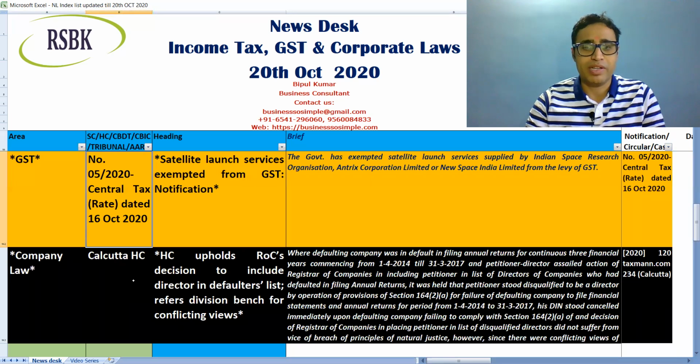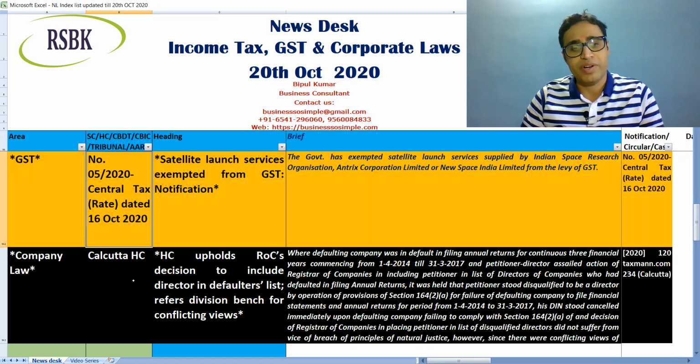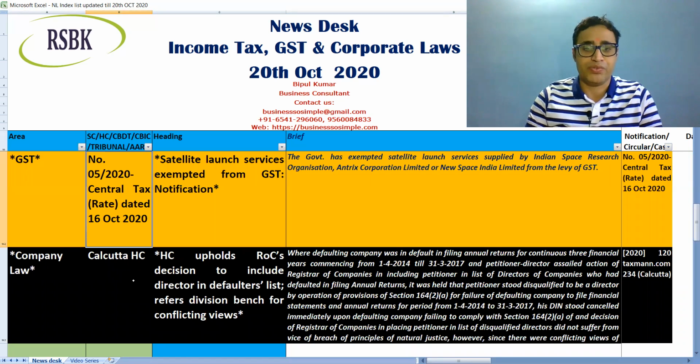Let's cover updates on company law. There is one judgment, Kolkata High Court: High Court upheld the Registrar of Companies' decision to include a director in the defaulter list, and referred the matter to a division bench for conflicting views.